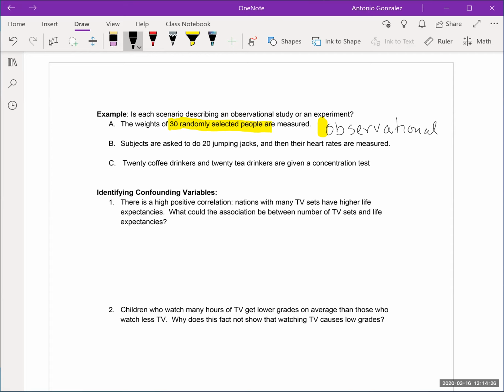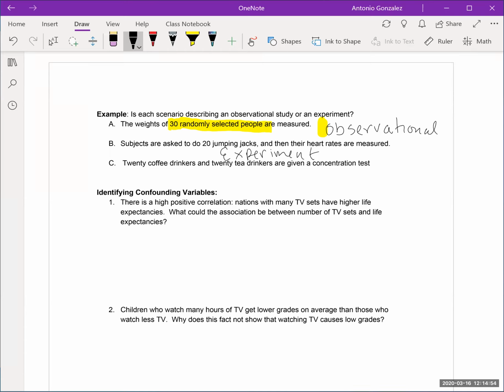Now if we look at part B, it says subjects are asked to do 20 jumping jacks, and then their heart rates are measured. Here it looks like this is more of an experiment, because we're asking a set of participants to perform something for us, and then we measure something.